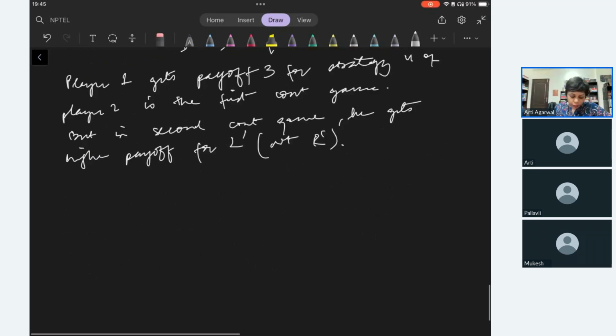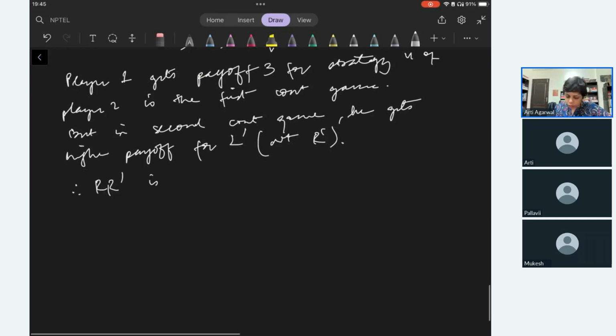Therefore, R prime is not an equilibrium.